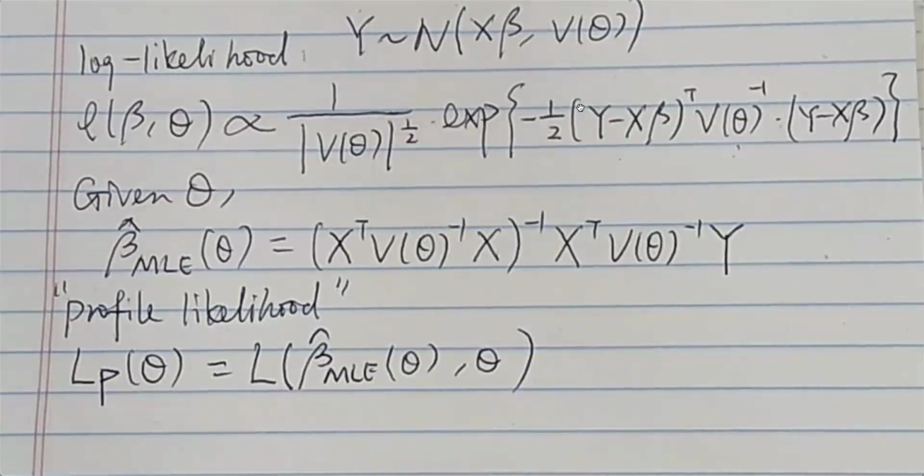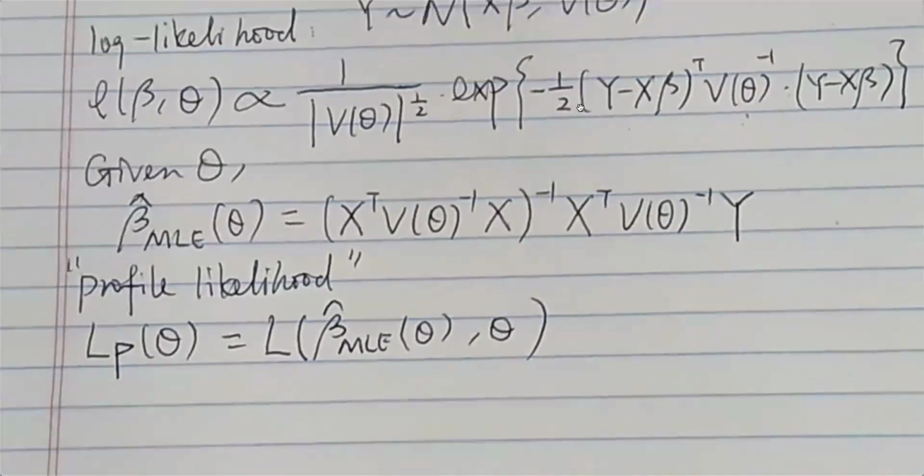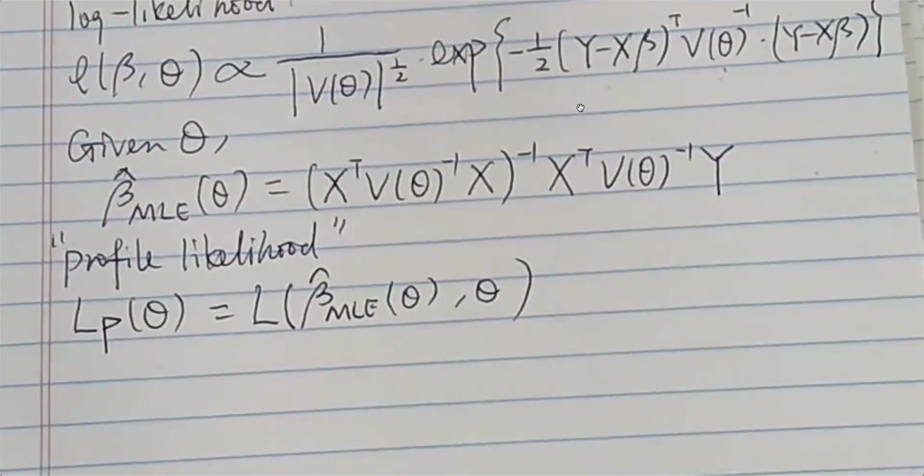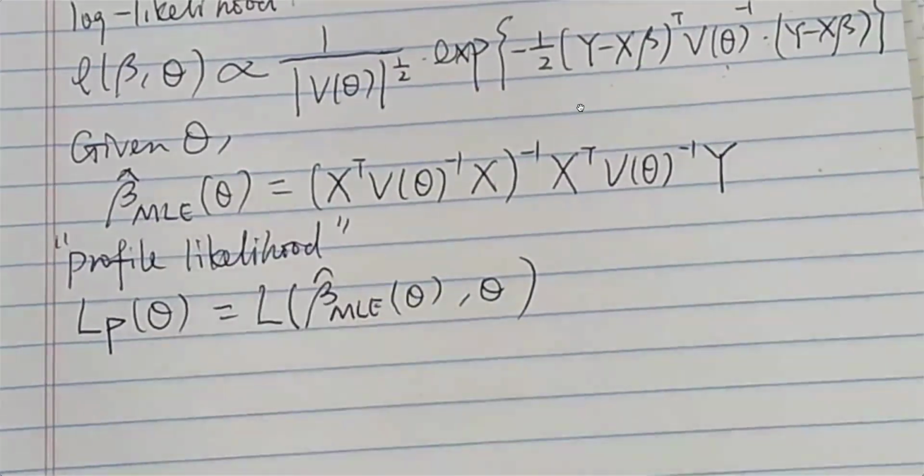Then we maximize this one to find the theta value. So it's still the MLE. It's just that we maximize the likelihood in 2 steps.